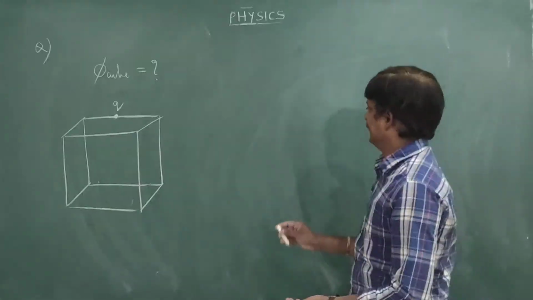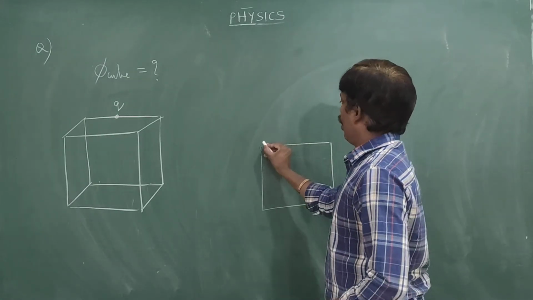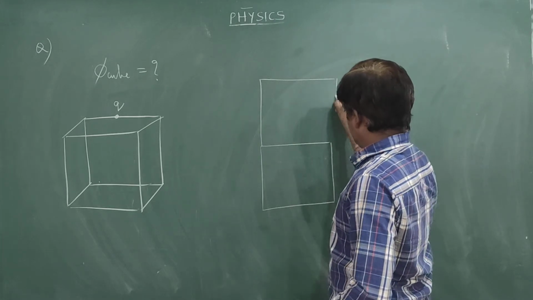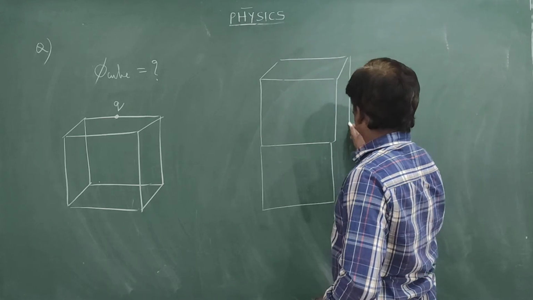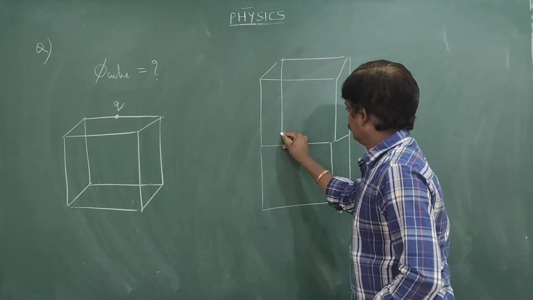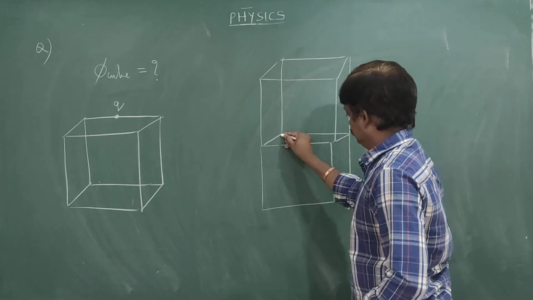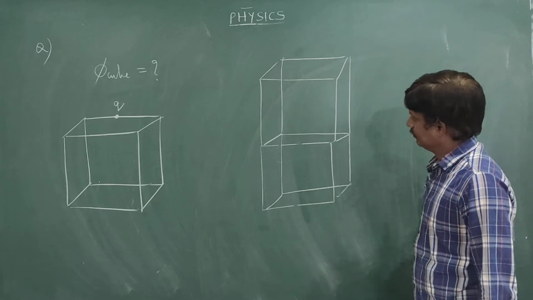So we are having one cube like this. On top of this, imagine another cube. So something like this. Yeah. So where is the charge now?